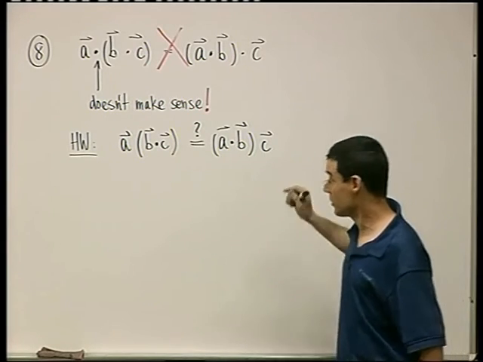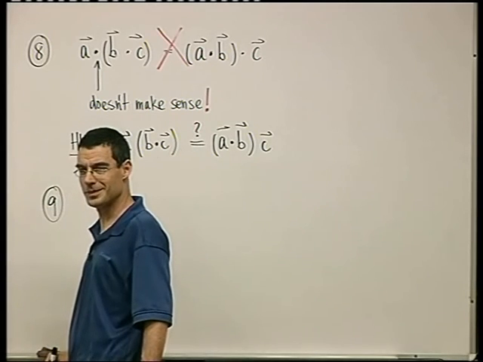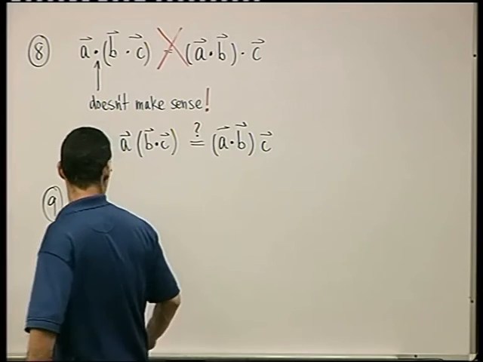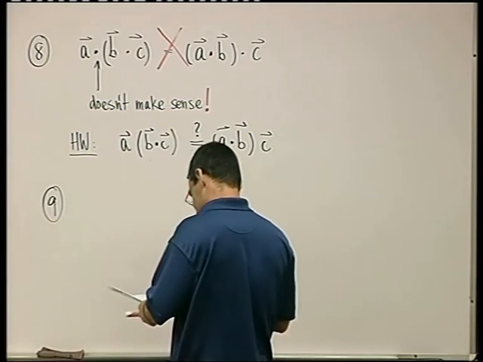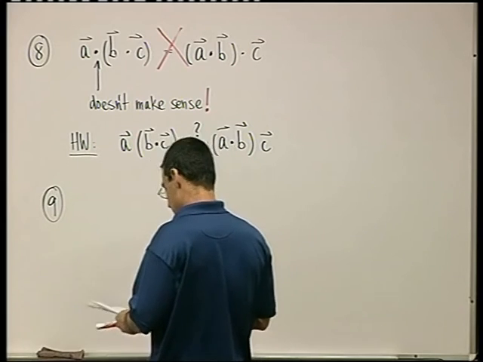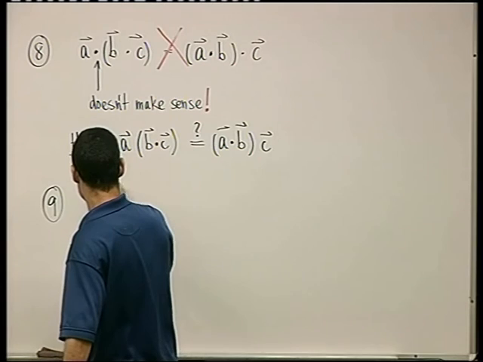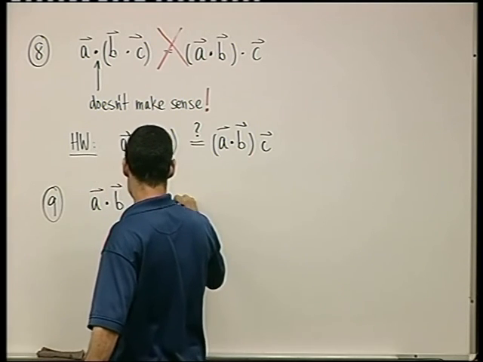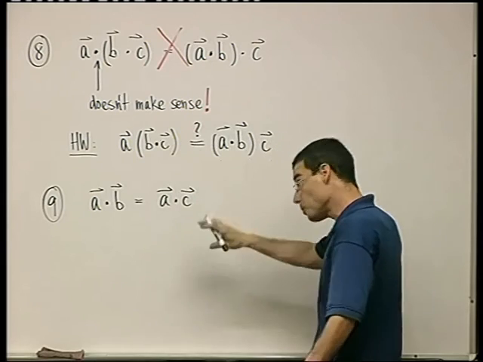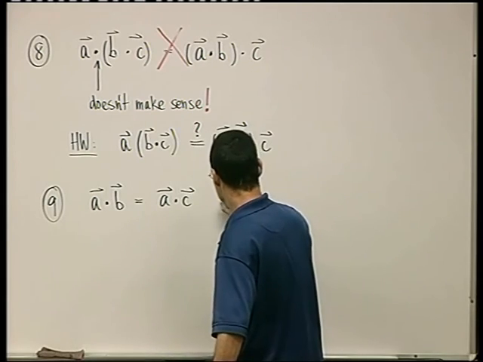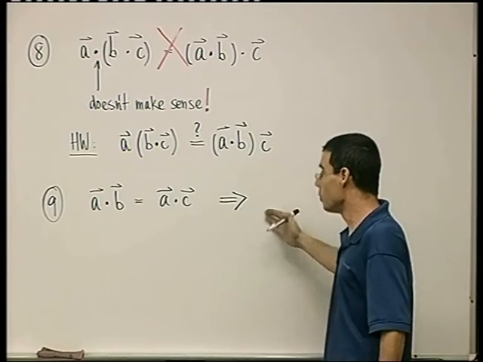Okay? Here's another one that's not true. I just told you. I can't believe I did that. Okay, here's another one that's not true. Sorry. Suppose you know that A dot B equals A dot C. Okay, suppose you know this. Does it follow, what would you want to say?